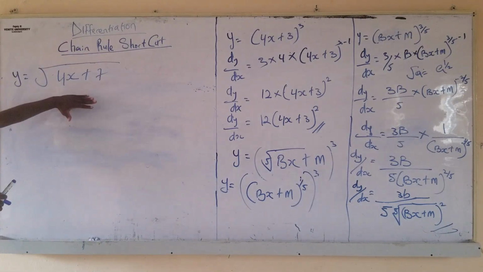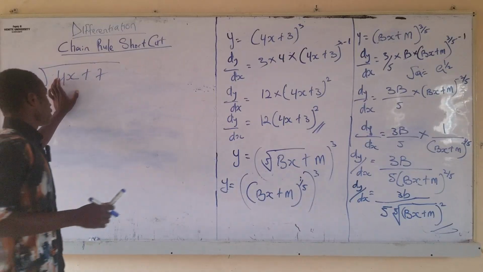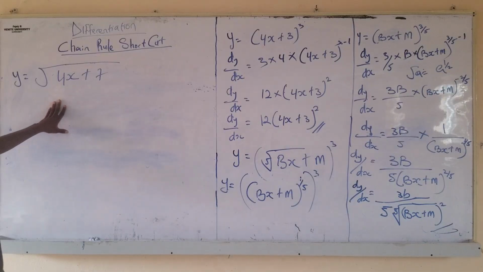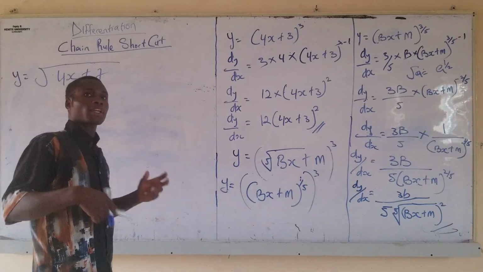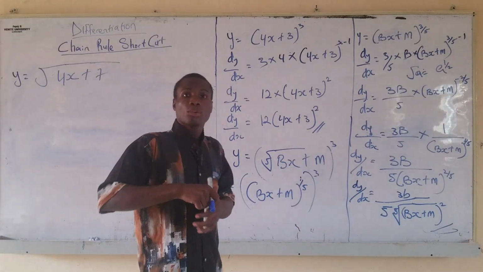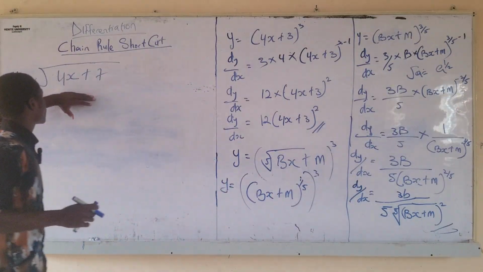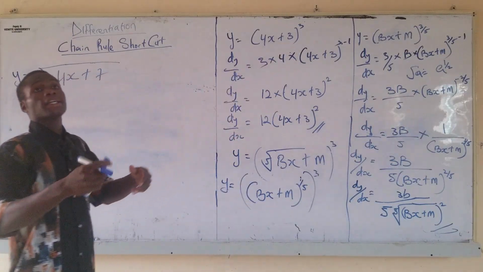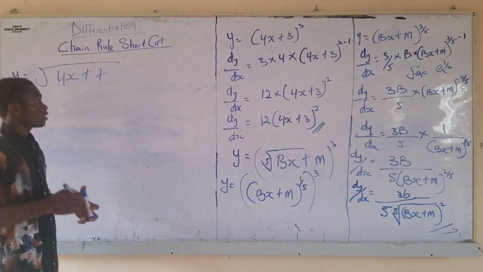Whenever questions are given in this form, you need to first make it in the form of index. Even if we are to apply the chain rule formula, we have to first make the question in the form of index, that is, in this form. Then you apply the chain rule formula or chain rule shortcut.